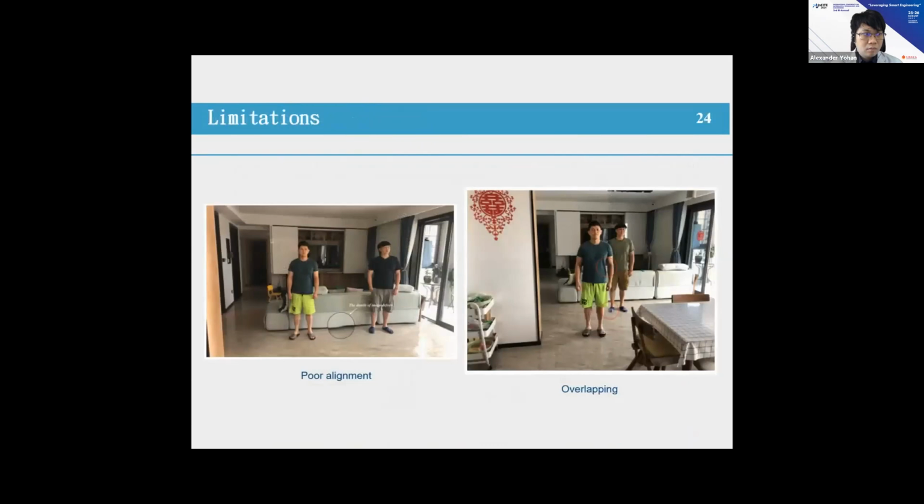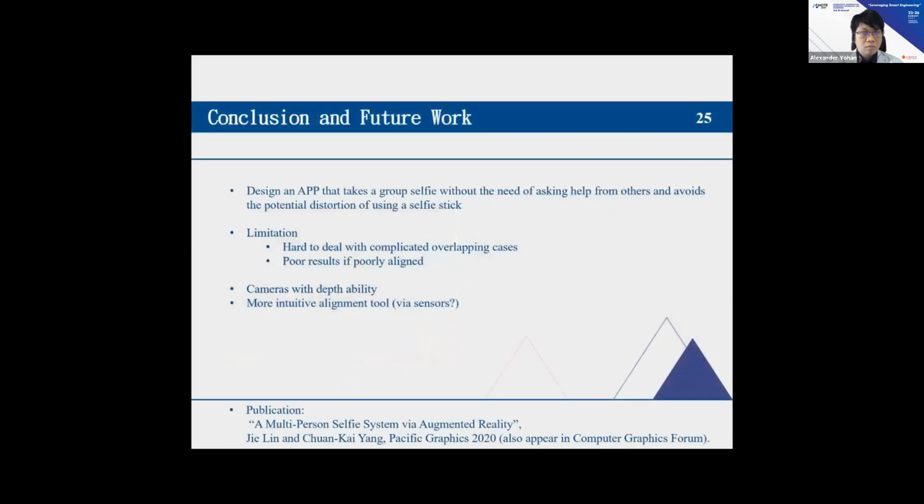Okay, so there are still some limitations. If the 2 images are not aligned well, we do see some artifacts, or if 2 people are too close to each other, then we can see some blurry parts. So to conclude, we have designed an app that can take a group photo, a group selfie, without the need of asking help from others, and avoids the potential distortion of using a selfie stick.